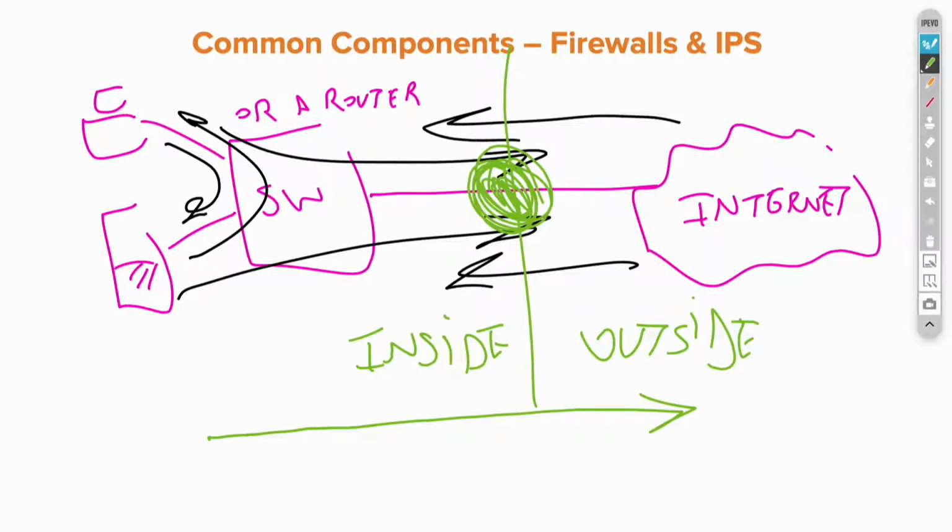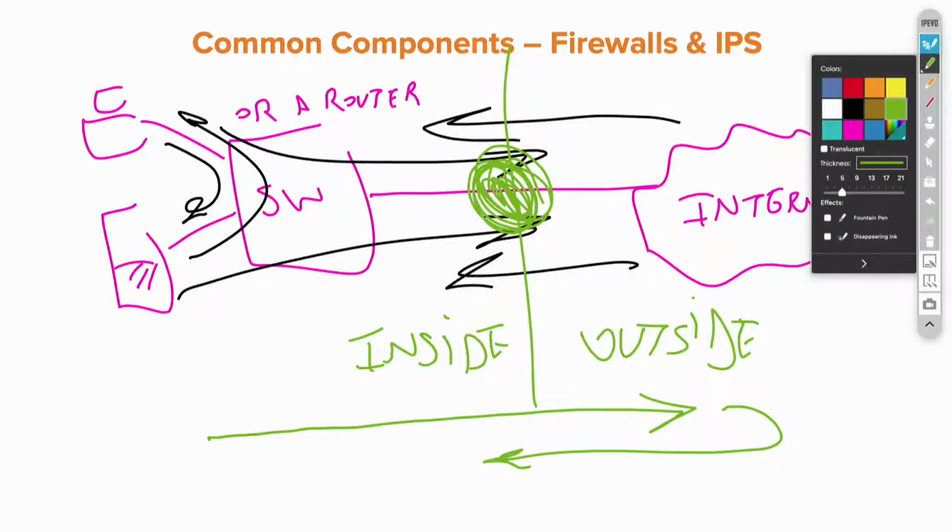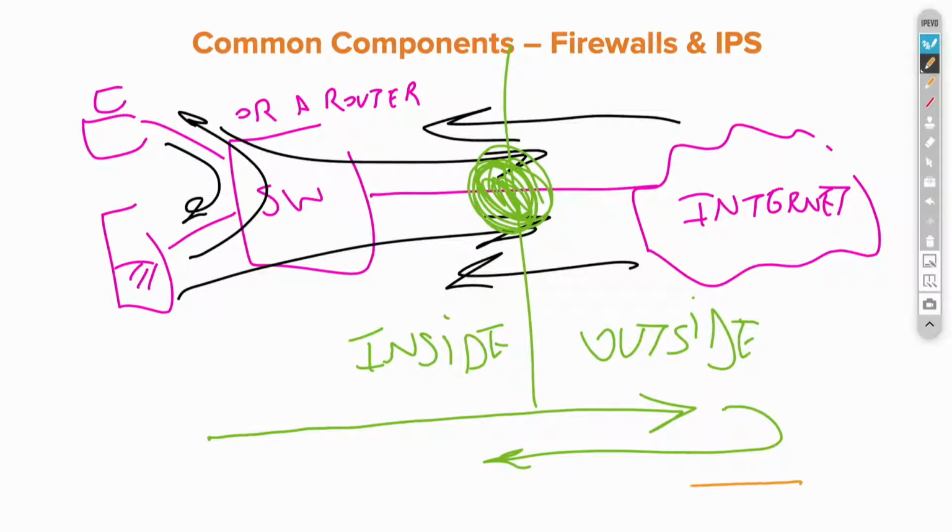We'll allow that initiation, and then whoever's on the outside can respond to that. That's okay. But if a device on the outside is trying to initiate a connection, no, not going to allow that. The internet cannot initiate a connection. All it can do is respond to a connection from the inside.